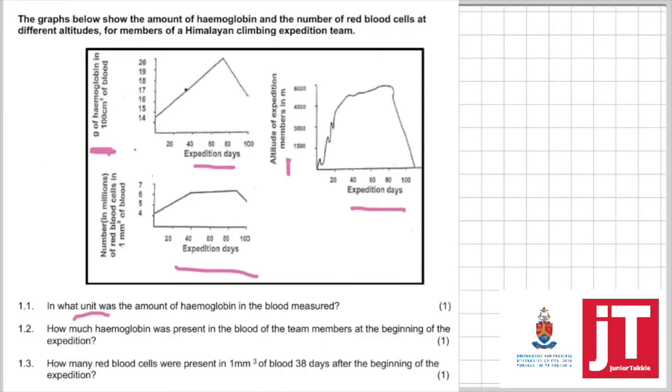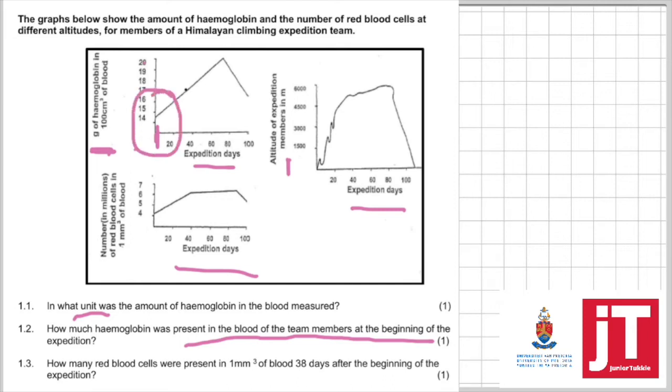Right, let's go to 1.2. How much hemoglobin was present in the blood of the team members at the beginning of the expedition? There's the beginning of your expedition.